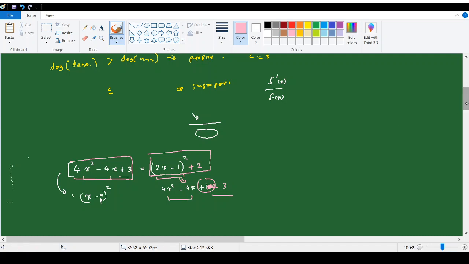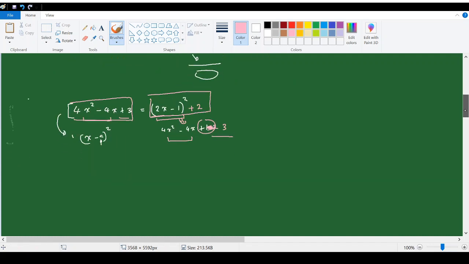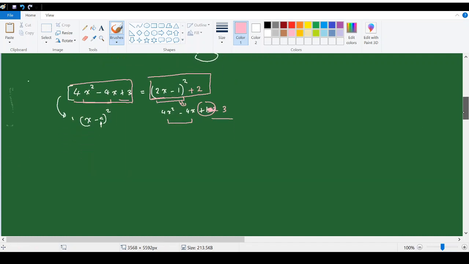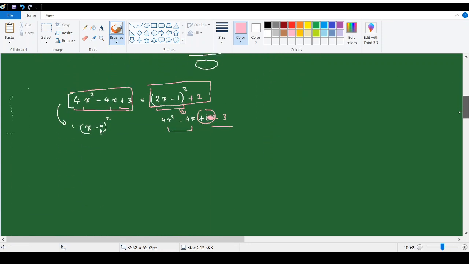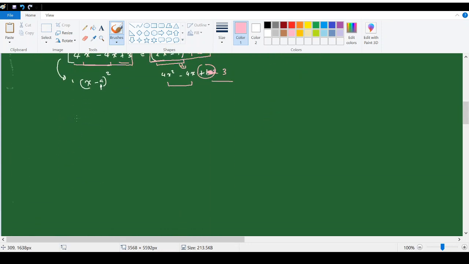Once you complete the squares, the problem at hand is this portion. We know the integral for this one, which is equal to x. And for this fraction, what we have already done is we have written it like this.